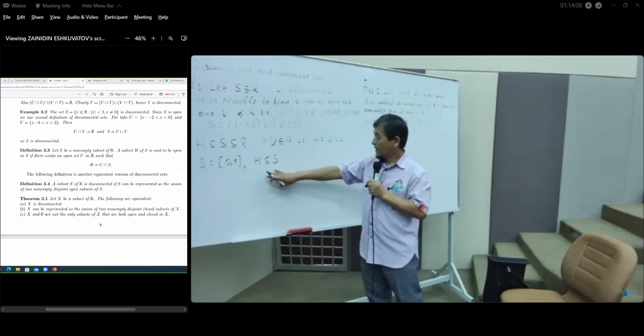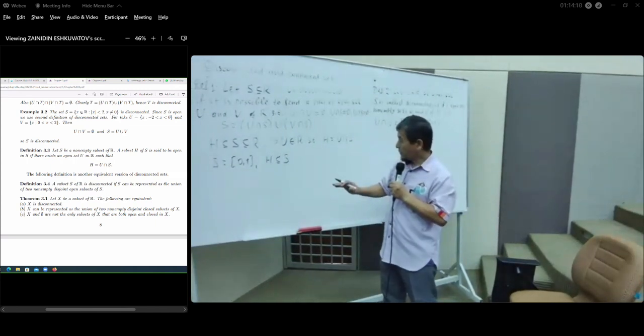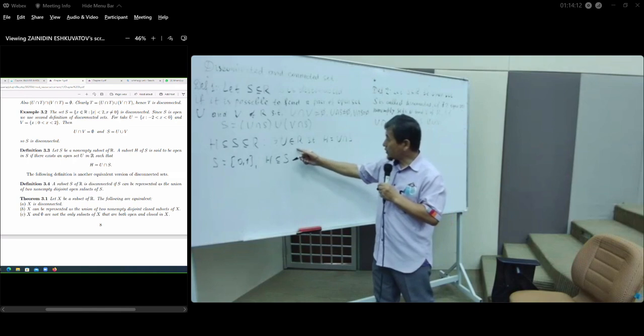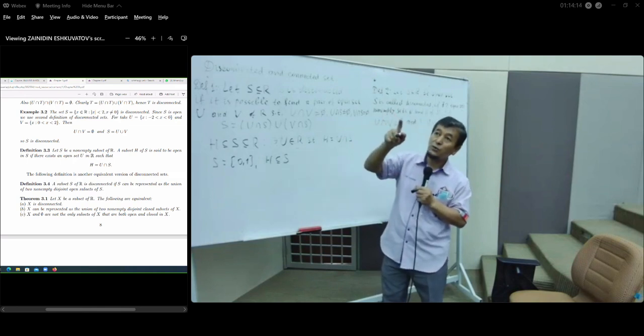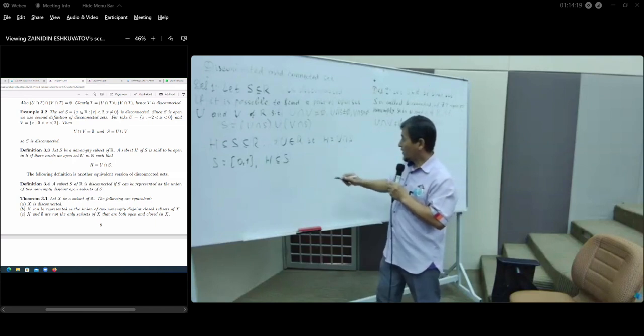H of S is said to be open if there exists an open set U such that H is U intersection S.